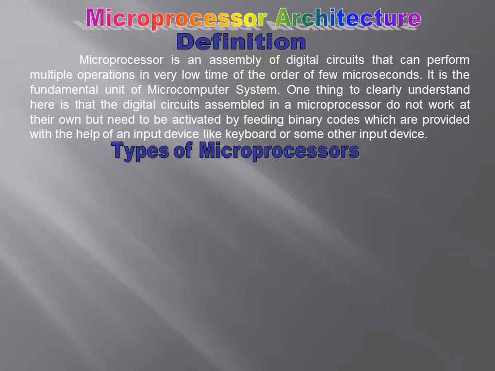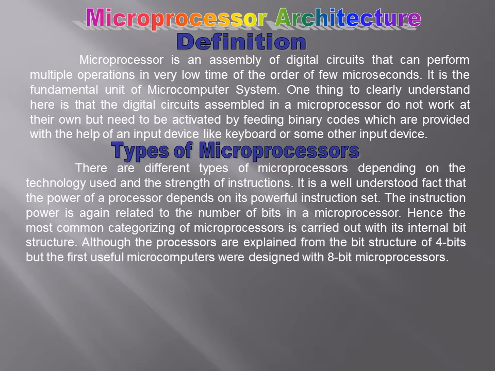Now for the types of microprocessors. There are different types of microprocessors depending on the technology used and the strength of instructions. It's a well understood fact that the power of a microprocessor depends on its powerful instruction set. The instruction power is again related to the number of bits in a microprocessor.